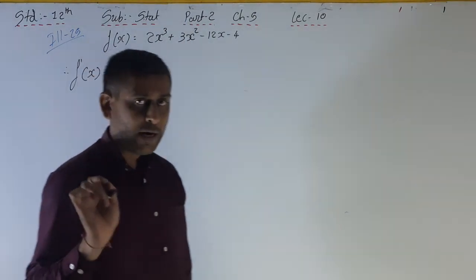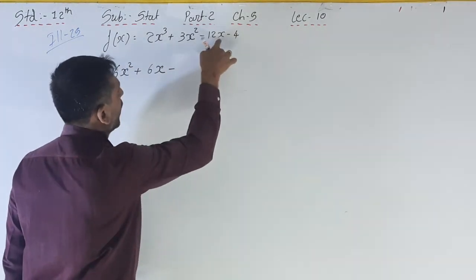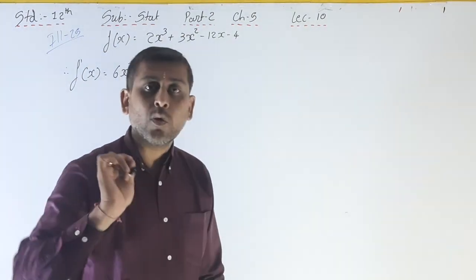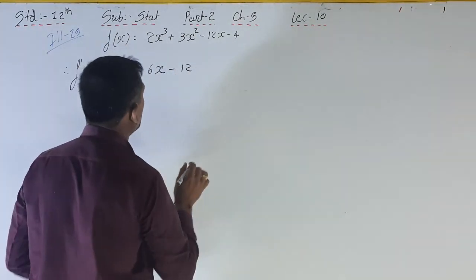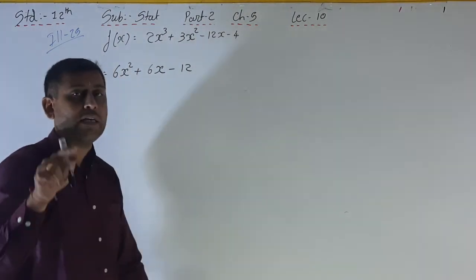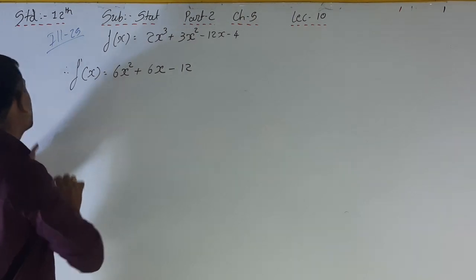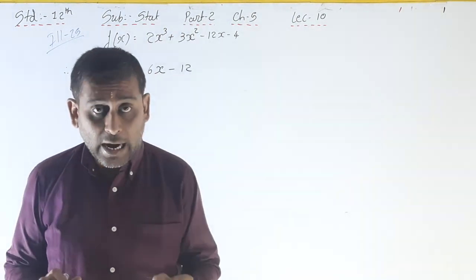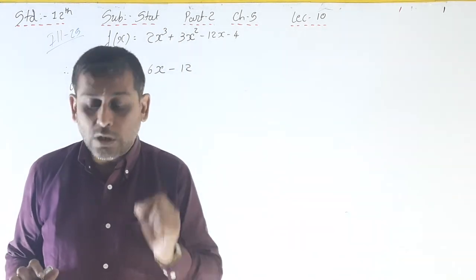So we don't have to write that particular 1. And minus 12 into x, differentiation of x is 1, so we write only 12 ones are 12, and the differentiation of 4 is 0 because it is a constant. So your first step is over. We have to find the differentiation, and then put the differentiation equal to 0.